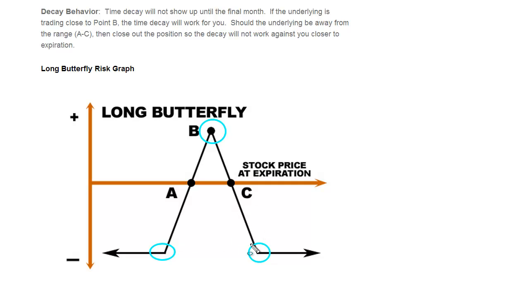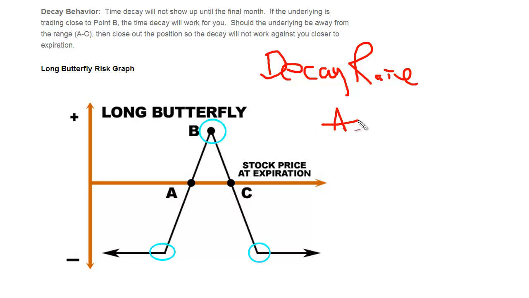And that's what's so interesting about this spread, because you have the positive theta, and even though this is close to the money, it has the highest theta possible because it's right at the money. However, its decay rate, and it's something we rarely get into in our program, at the money is slower.